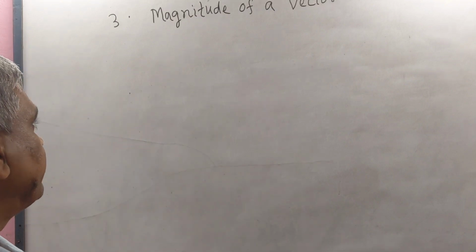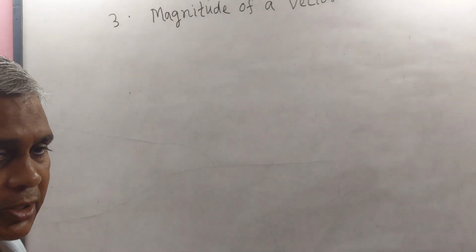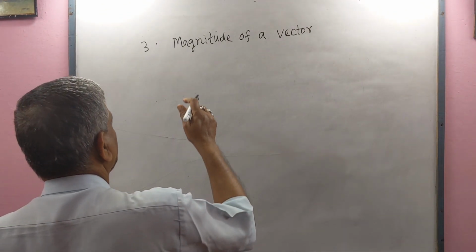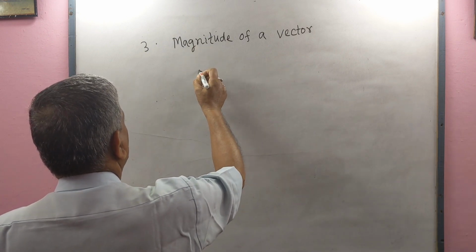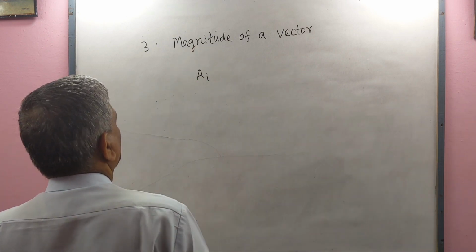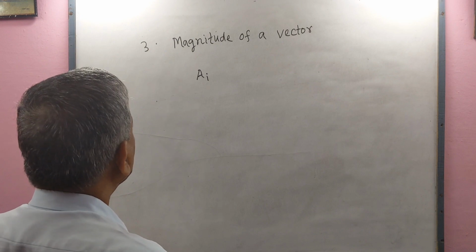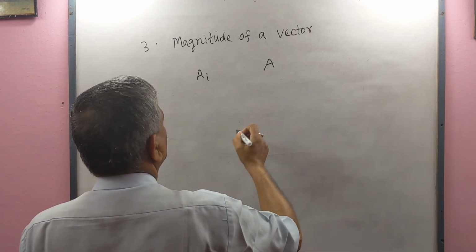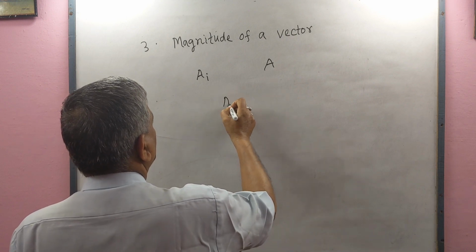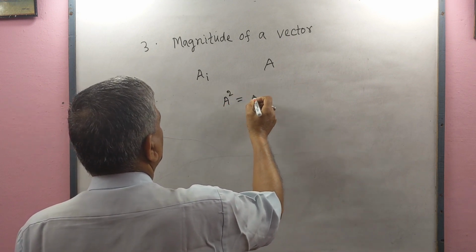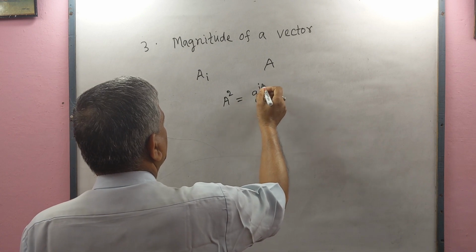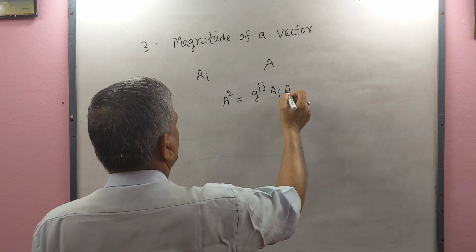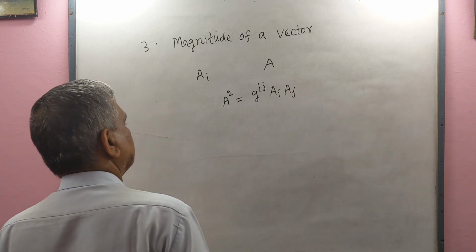Now we will discuss the magnitude of a vector. The magnitude of a vector A^i is defined as A, where A square equal to g_ij A^i A^j.